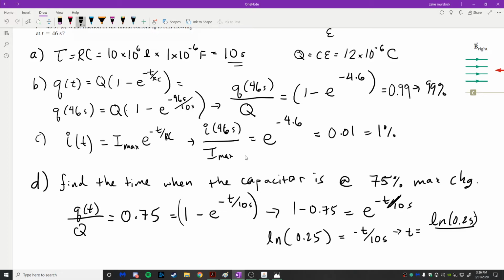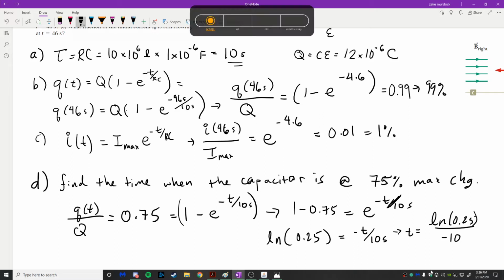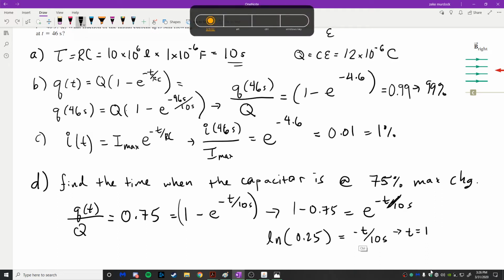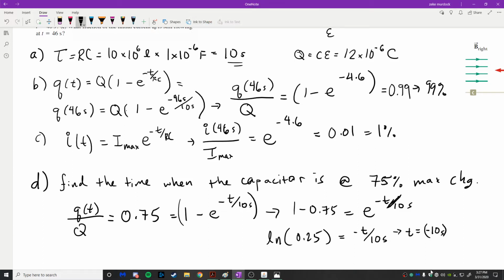Oh no, not divided by, it's multiplied by 10, sorry. And there's a negative sign. So t is negative 10 multiplied by the natural log of 0.25. And that gives you the time.